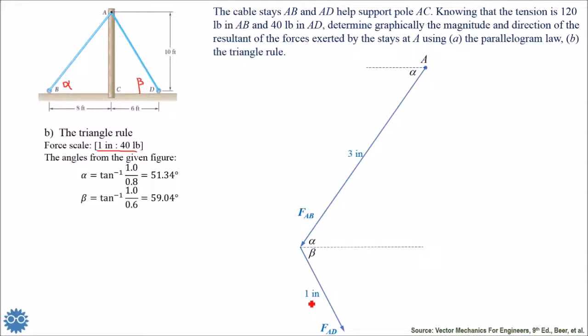Now it's very simple to connect the point A with the end of FAD in order to get the resultant, as we did in the parallelogram law method, and we will get the same answer in both magnitude and the angle gamma. So this is the solution of this problem.